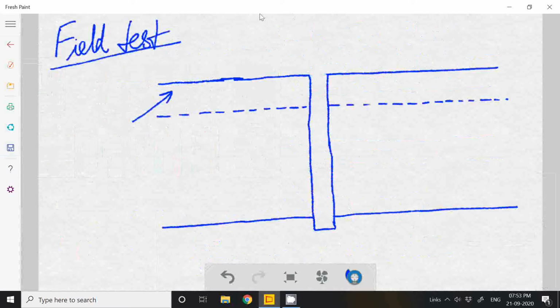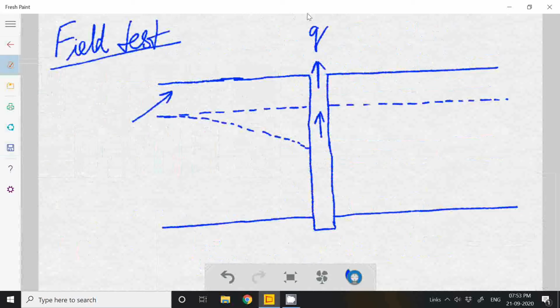Then when we pump out water from this well, we start pumping until the rate becomes a constant rate Q. Then what will happen? The water will get depressions like this.